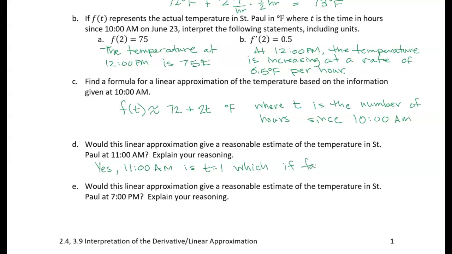Fairly close to 10 a.m. And you could also reason that at 10 a.m. the temperature is probably still going up, and maybe at 2 degrees per hour. I don't know, but it's probably still going. It's going in the right direction, right?